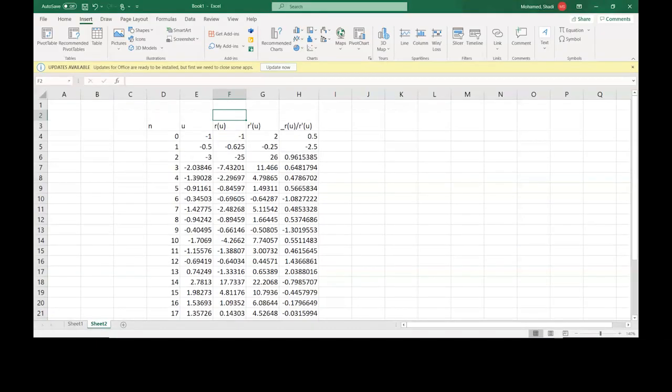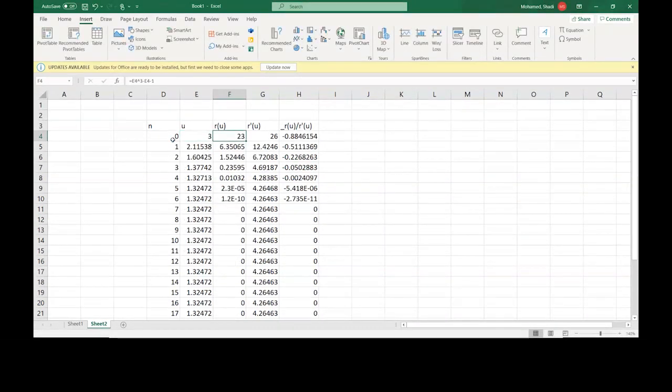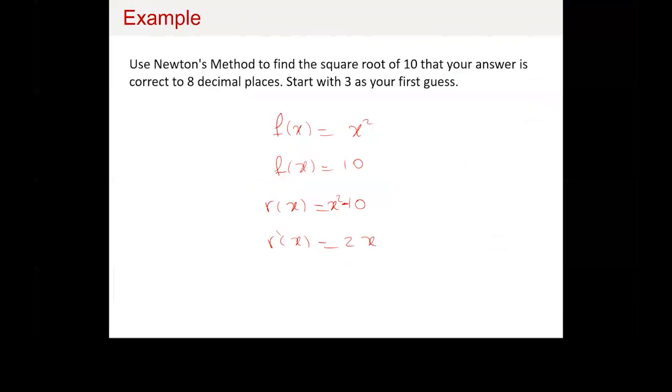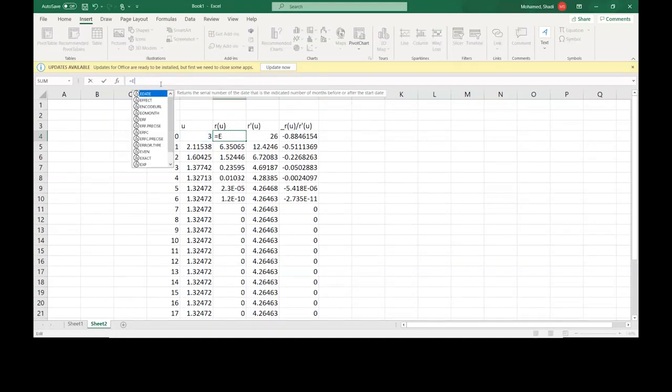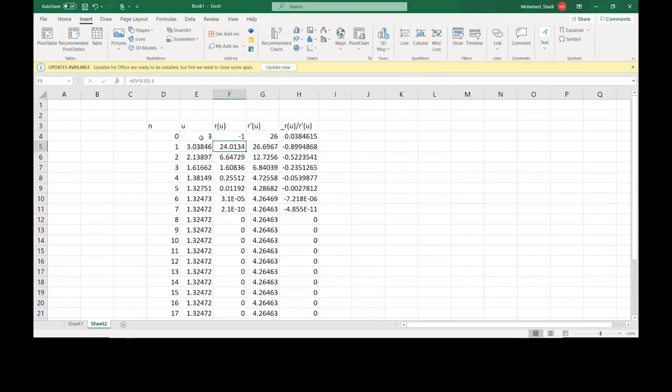I'll just go back to my Excel sheet. So for the first iteration, the initial guess is 3. And the value of the residual function is x squared minus 10. So this is this squared minus 10.